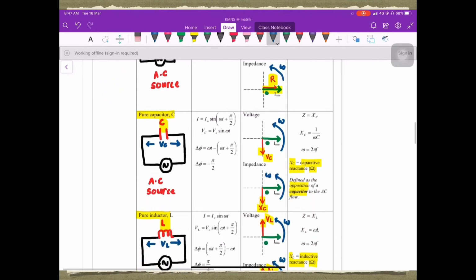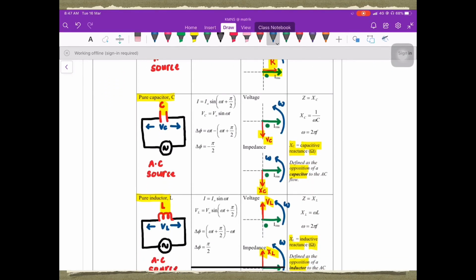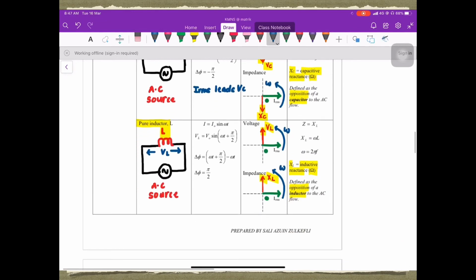Okay, next. For this one, IRMS is ahead. So IRMS leads VC, or IRMS leads XC.